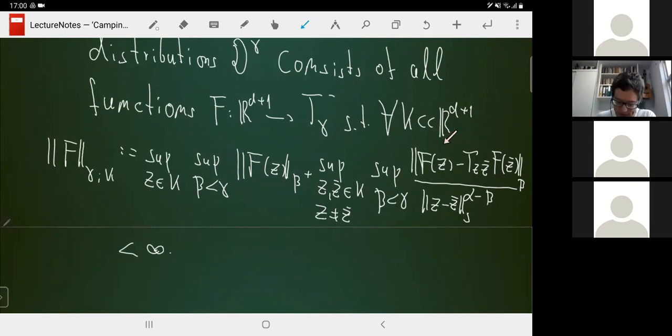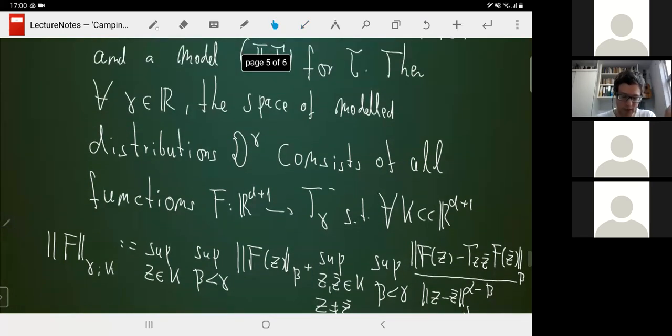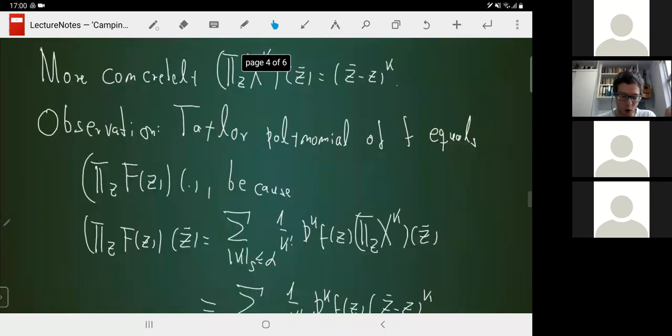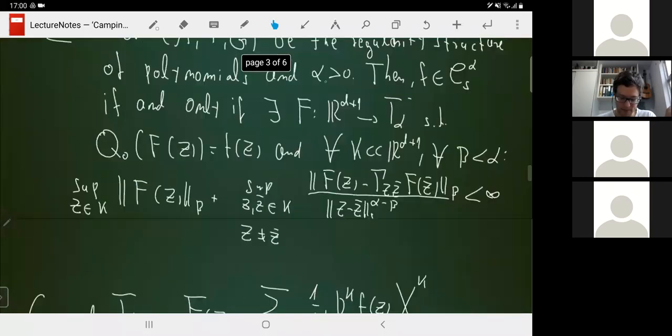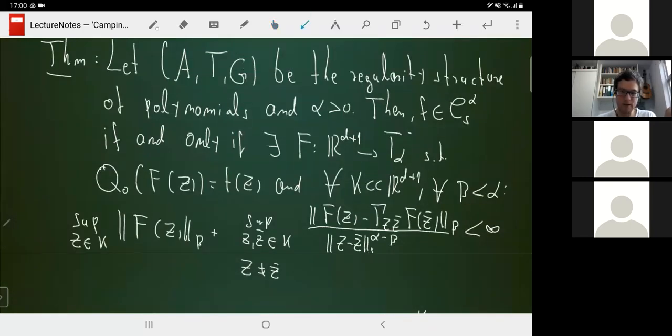If you look at this f of z minus gamma z, z bar, f of z bar, this is essentially the same term we looked at for the polynomial regularity structure. So it's really the same term. For the polynomial regularity structure, these D gamma spaces are our C gamma or C alpha spaces. It's really the same thing.